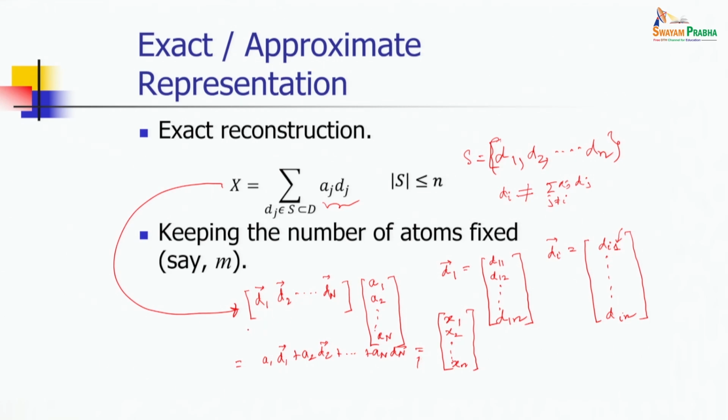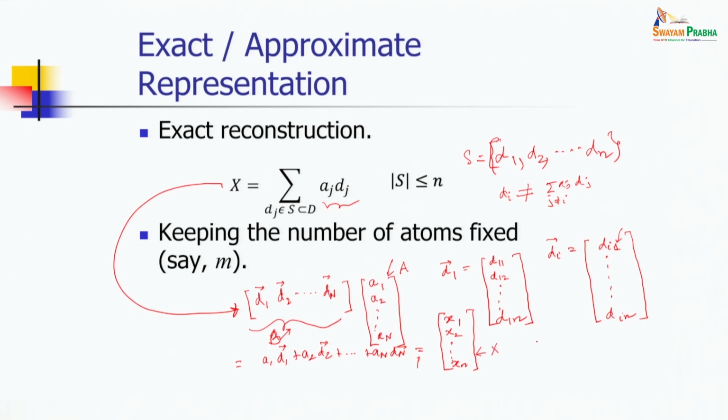Let me write this matrix as, say, B. Consider this matrix is B. The coefficients I write as A, a coefficient column vector, and the feature vector I have already written as x.